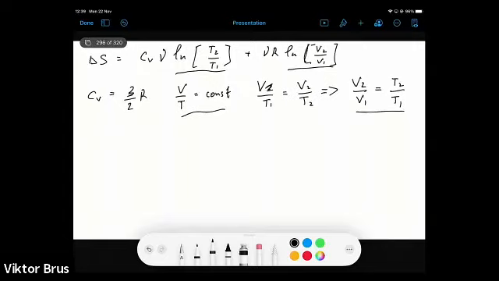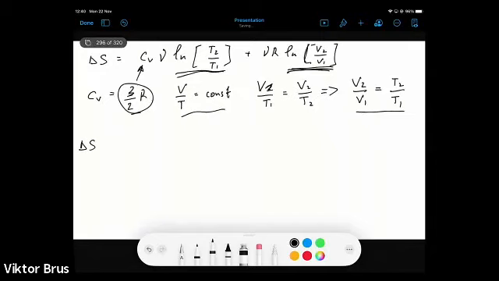And based on this ratio for isobaric process, which we consider right now, we have shown that V2 divided by V1 is actually equal to T2 divided by T1. So we can substitute this second natural logarithm with the first one, and that will be valid. Also, we can substitute instead of CV its expression, 3/2 times R. So now let us do these substitutions.